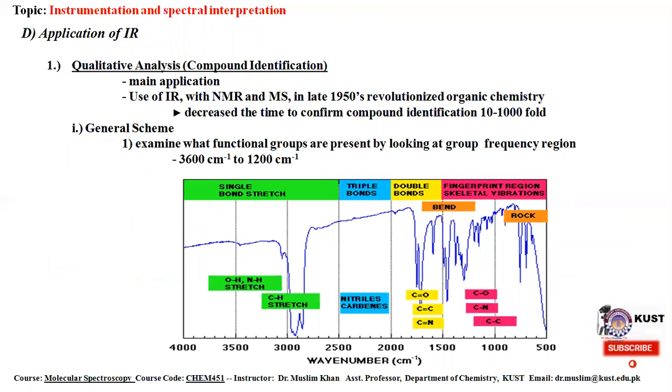Coming to the application of IR spectroscopy, it is generally a qualitative technique. How? Because I told you that you use IR spectroscopy mainly for the identification of different functional groups.